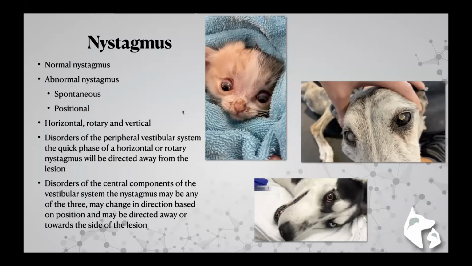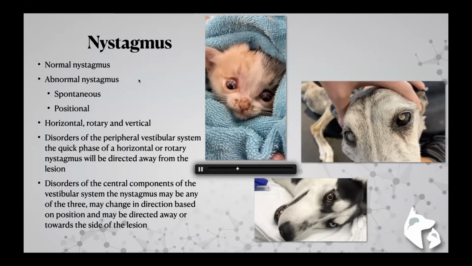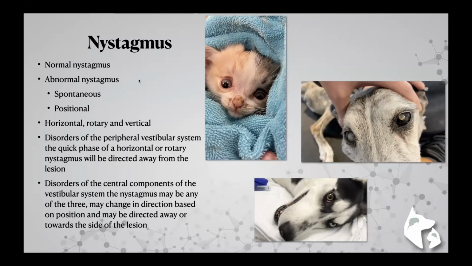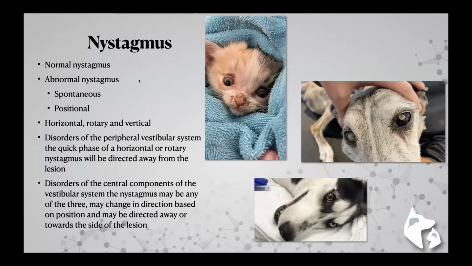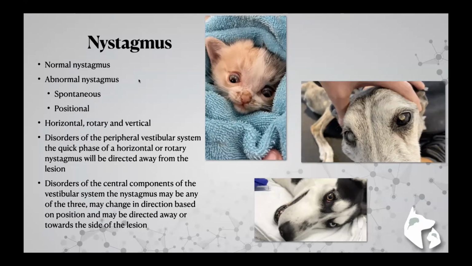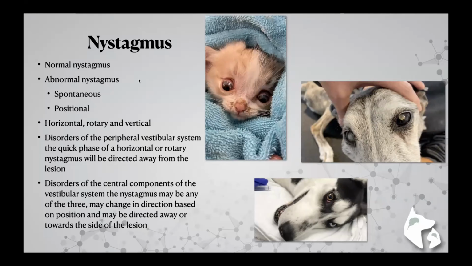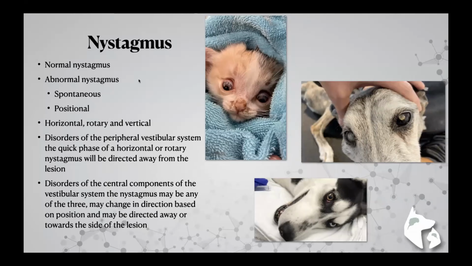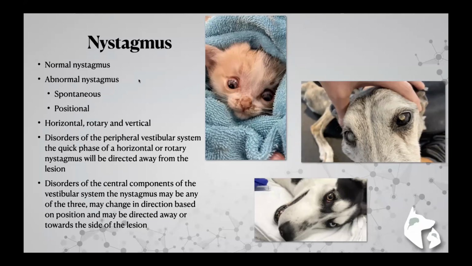In this video, the cat with pretty severe hydrocephalus shows a vertical nystagmus, a rapid eye movement up and down. It also has a strabismus, an abnormal eye position, but you can see that up and down movement. That is a true vertical nystagmus suggesting a central lesion.